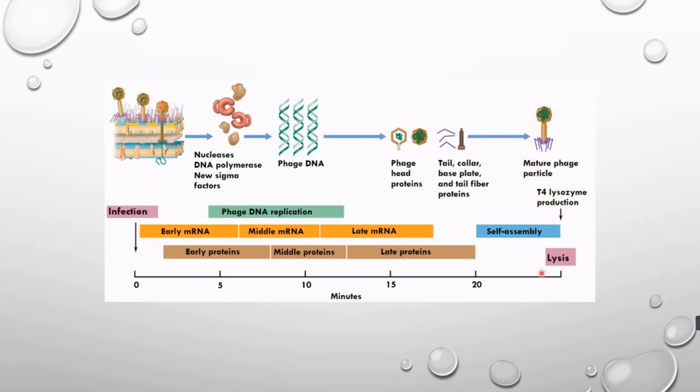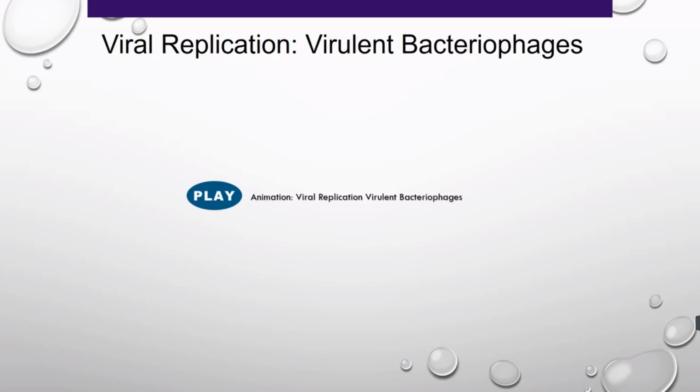All this has to be done before the bacterial cell replicates itself, which is phenomenal in terms of how little time this virus takes to infect the cell and eventually lyse it. At this stage, please look at the two videos that accompany this lecture. They talk about virus replication of a bacteriophage in a bacterial host, which we call a virulent bacteriophage. That means the host will be lysed.